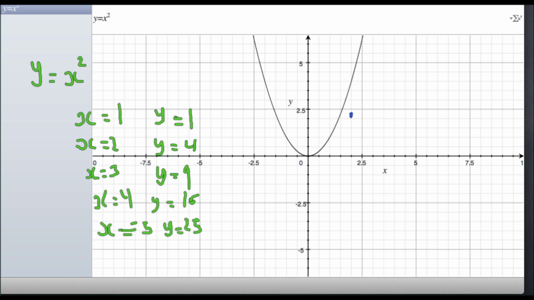Now, the reason is when x equals -1, -1 squared is 1.